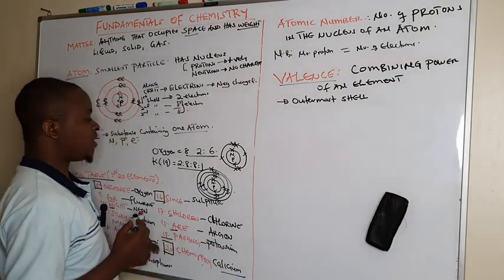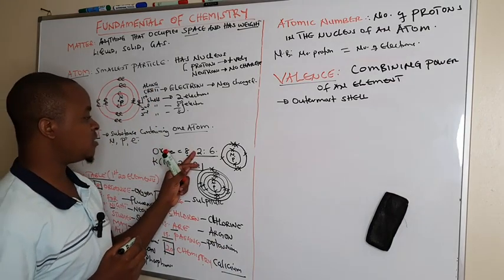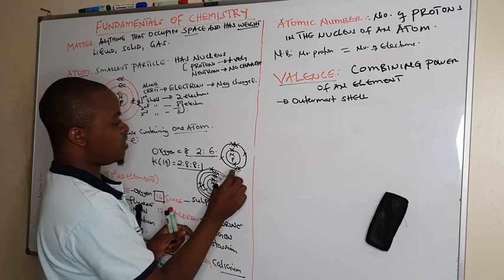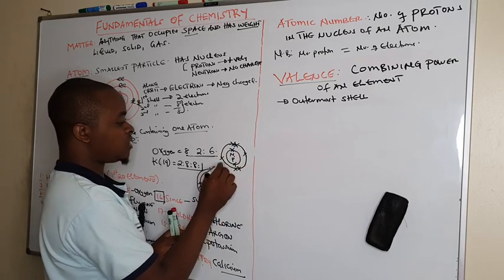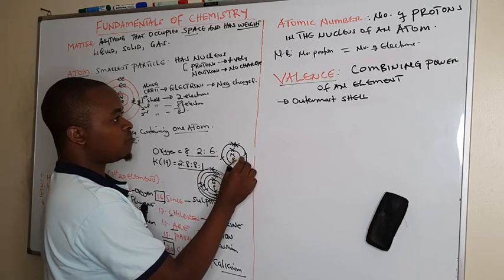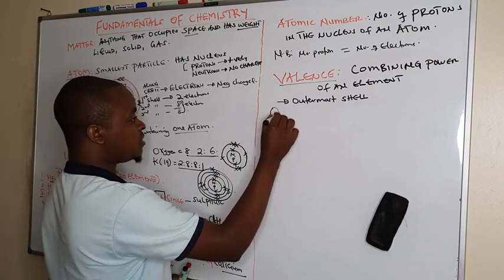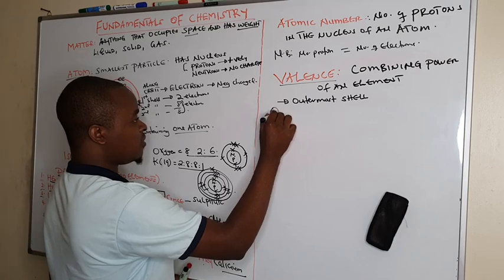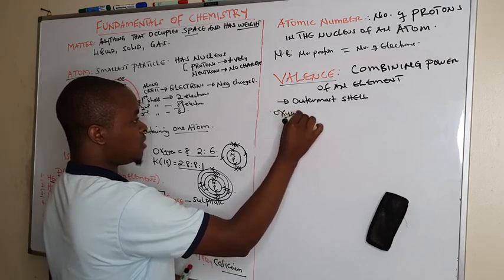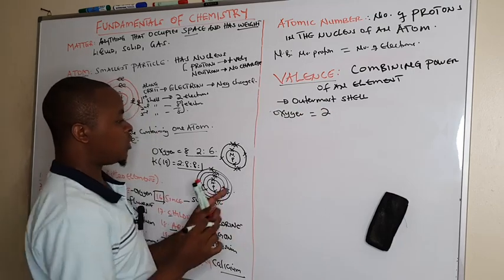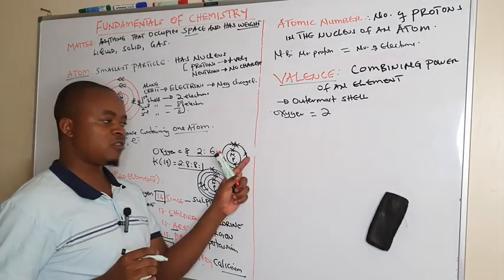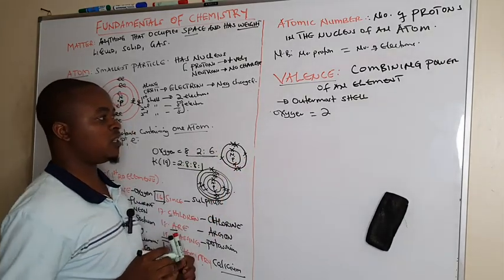So for example, if I can ask you the valence of oxygen, which we have here, it has 6 number of electrons in the outermost energy level. But oxygen has a valence of 2 because it is lacking 2 electrons to fully fill the outermost energy level.